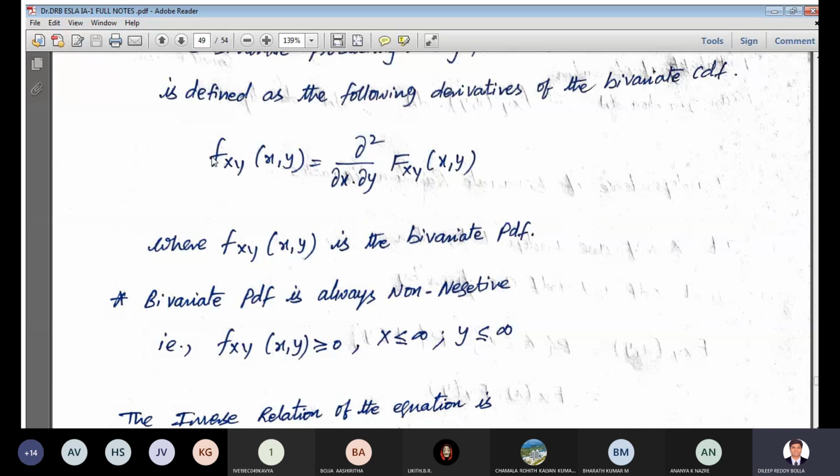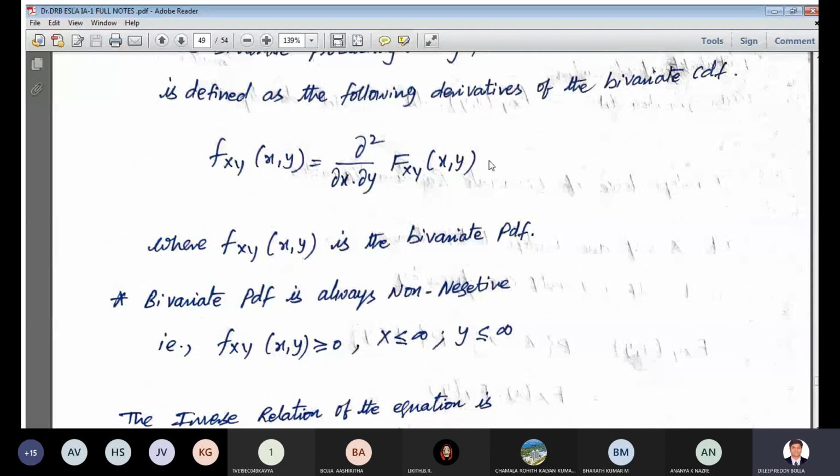We know the terminology: small f is used for the PDF. So we are going to get the PDF by partially differentiating the CDF. This capital F of x comma y is your CDF.